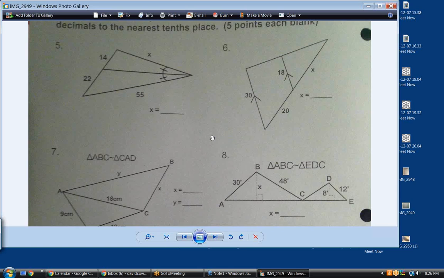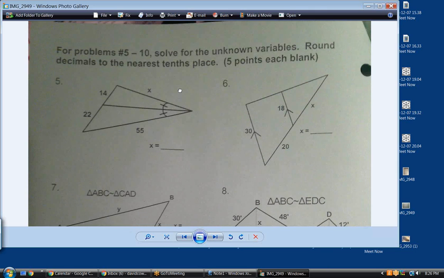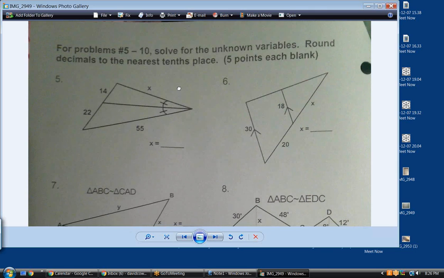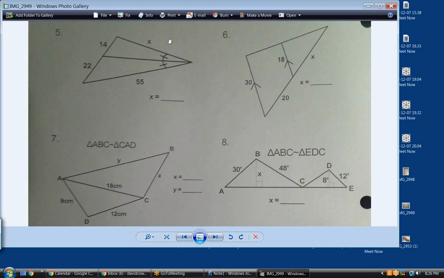First of all, are these similar triangles? Does it say there? Yeah. No. Just solve for the unknown variable. Yeah. And we've got the same side, okay, got the same angle, but I don't see anything else the same.